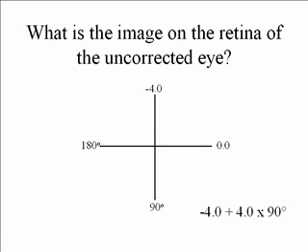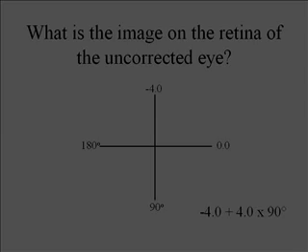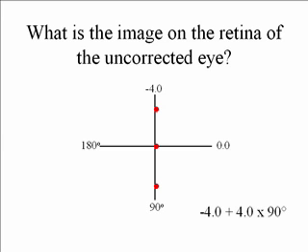So +4 -4 means that there is a 0 power at 180. Let's plot out the blur on this patient. We still have 4 units of blur vertically. We have 0 units of blur horizontally. We connect the dots, and we see the image formed on this person's retina is going to be the vertical focal line. That's where the retina is going to intersect this patient's conoid of Sturm when he's not wearing spectacles.